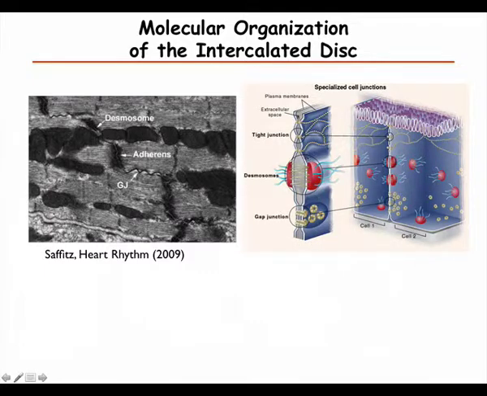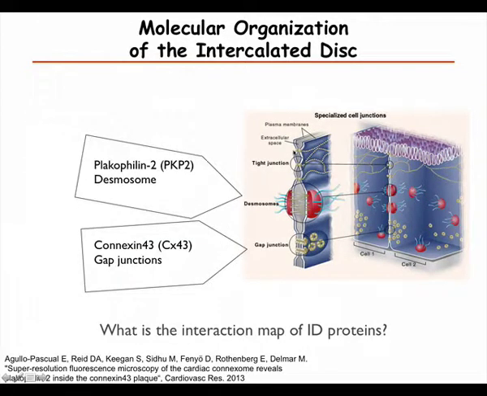These were believed to be quite separate entities. But our collaborators, Eli Rothenberg and Mario Delmar, found some evidence that plakophilin 2 from the desmosome interacted with connexin 43 from the gap junction.